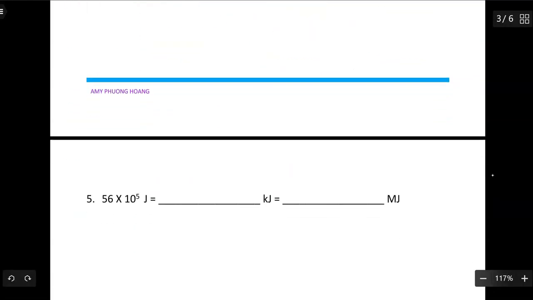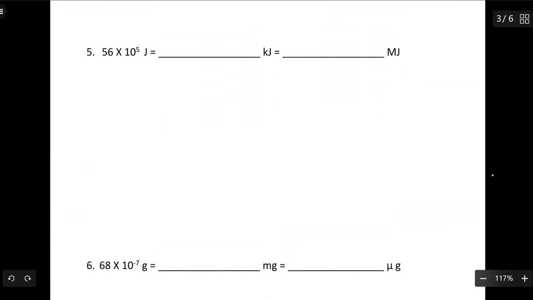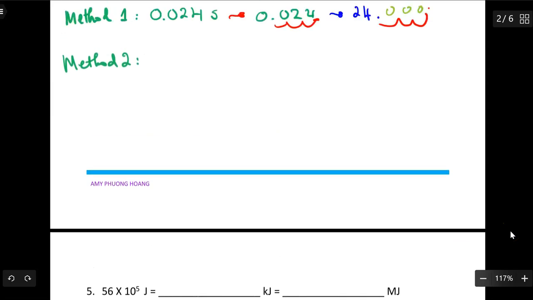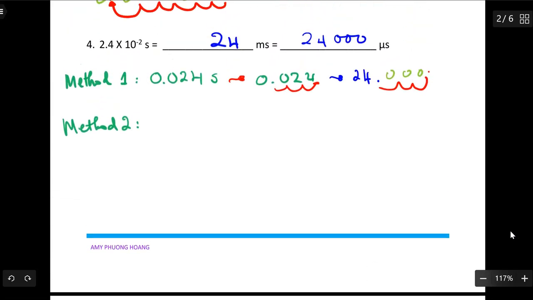That will strictly apply to number 5 and number 6 because you can see that the exponent is quite high, right? And it's quite low here. You have to expand quite a bit of 0 here. So you may not want to try to convert them into a decimal notation.